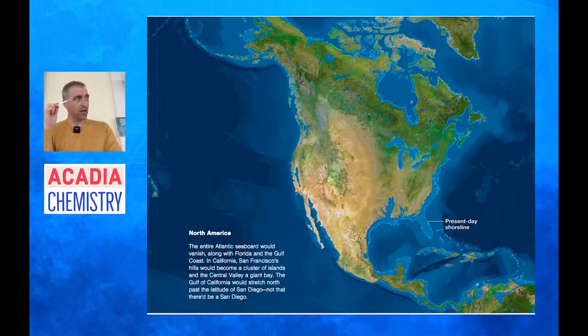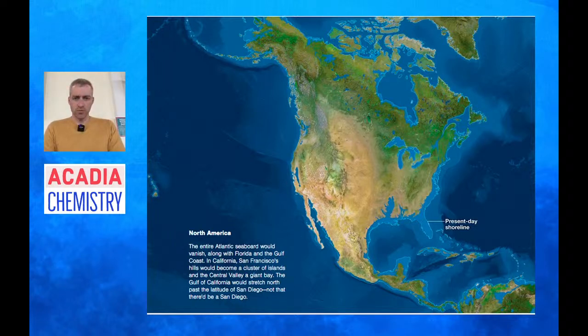National Geographic a couple of years ago forecasted what the landscape of North America, well, the whole world actually, would look like if basically all of the ice at the North Pole and on glaciers and so on melted and went into the oceans, a worst case scenario warming situation.